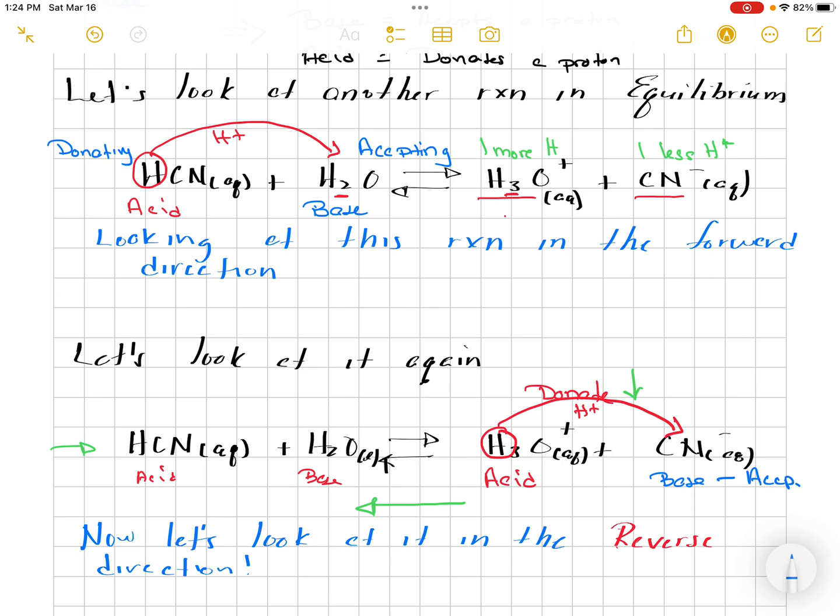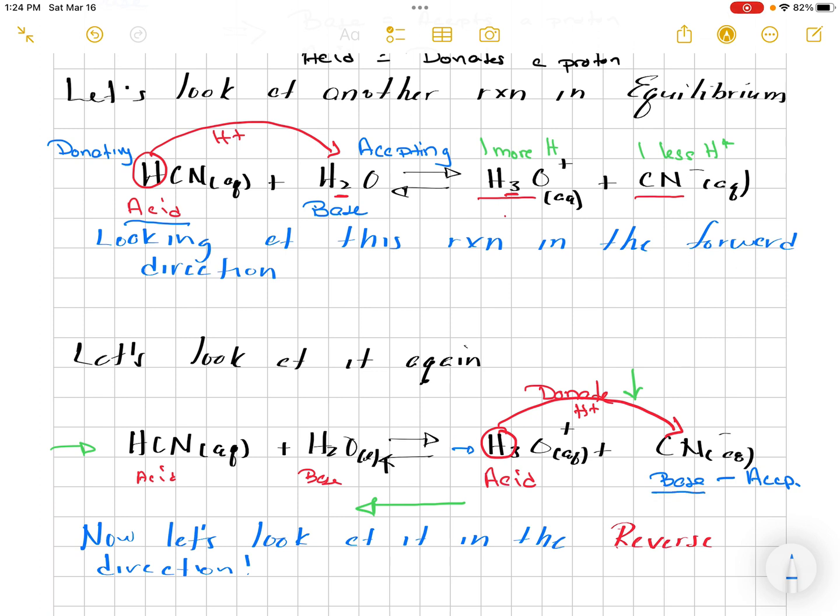So when you go in one direction, the hydrogen cyanide, look up here, is the acid. Now, when you're going from the products back to reactants, you can see that the cyanide molecule is now ready to accept this hydrogen here, and it's now acting as a base.